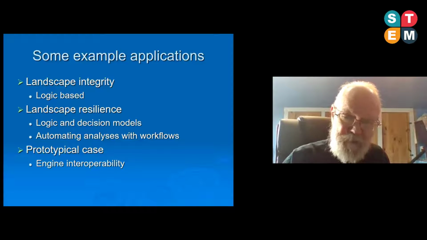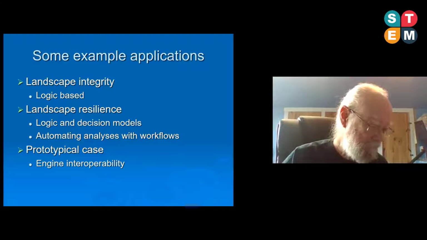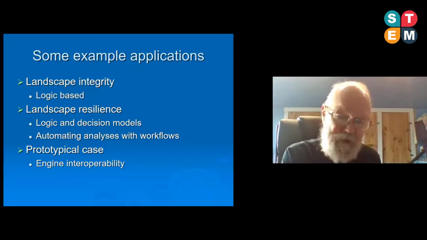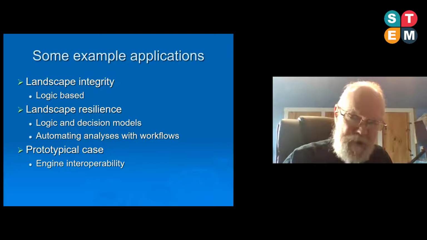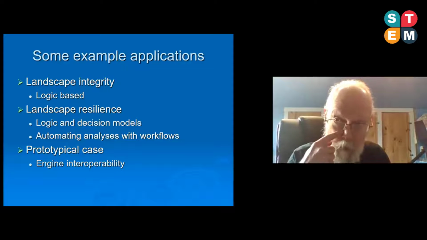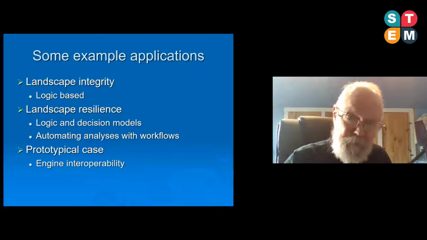And then the last one, if I have time, is a more prototypical case where I lay out the argument for the rationale, the value of combining all of these analytical technologies under one roof. This is the case for engine interoperability.